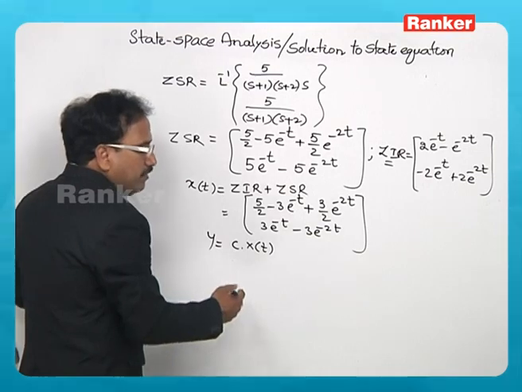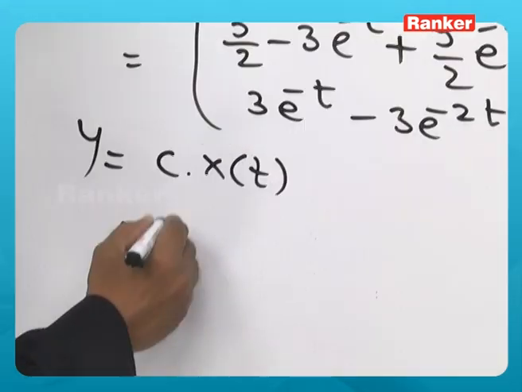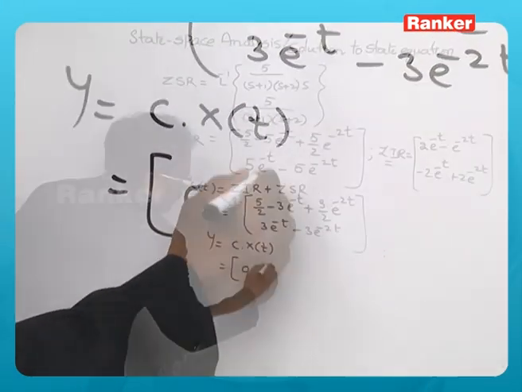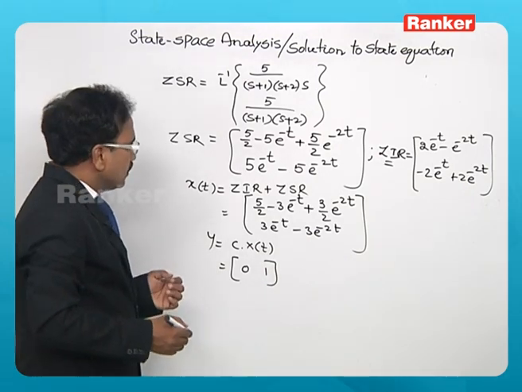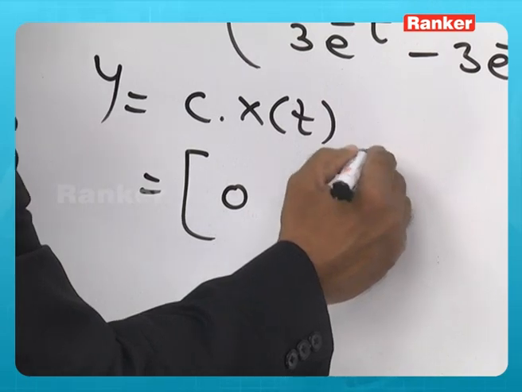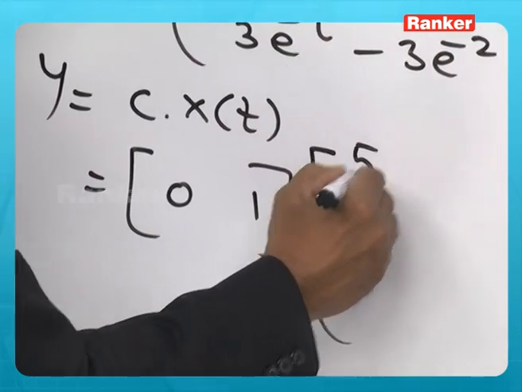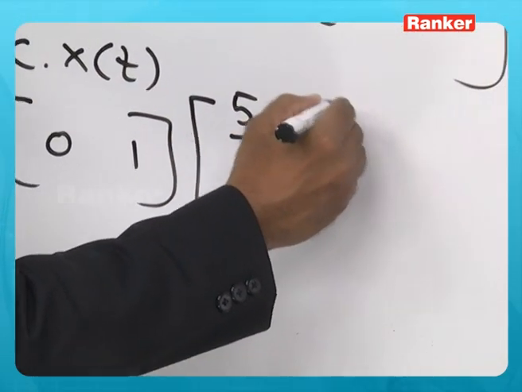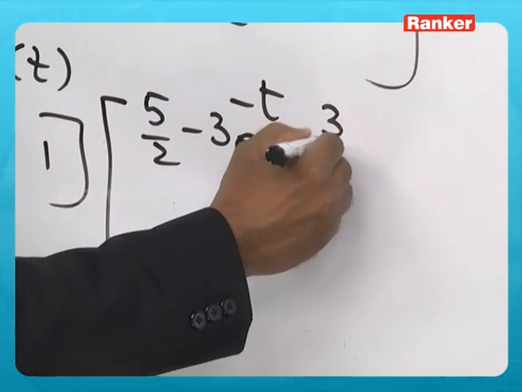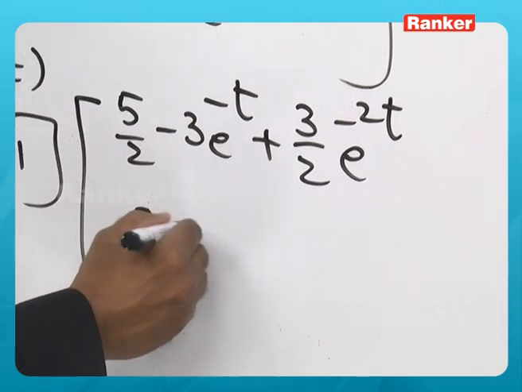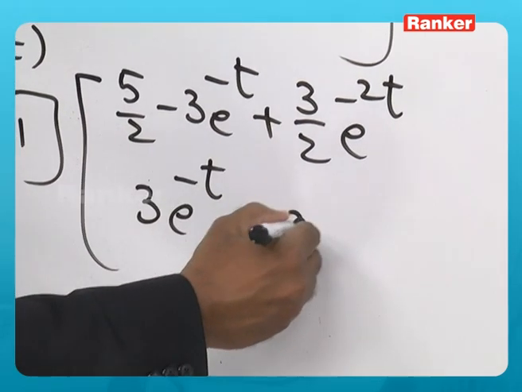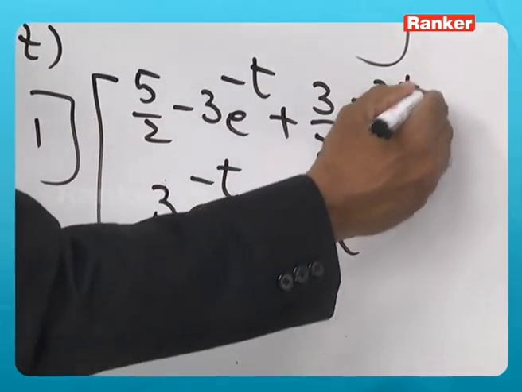Now, to get the output equation, y is equal to c into x of t, which you got here. So, c is given in the problem. This is known as the output matrix, c is 0 1, and x of t is actually given here as 5 by 2 minus 3 e power minus t plus 3 by 2 e power minus 2t and 3 e power minus t minus 3 e power minus 2t.